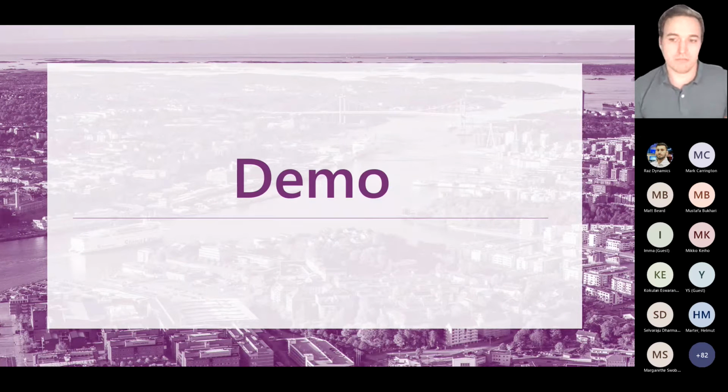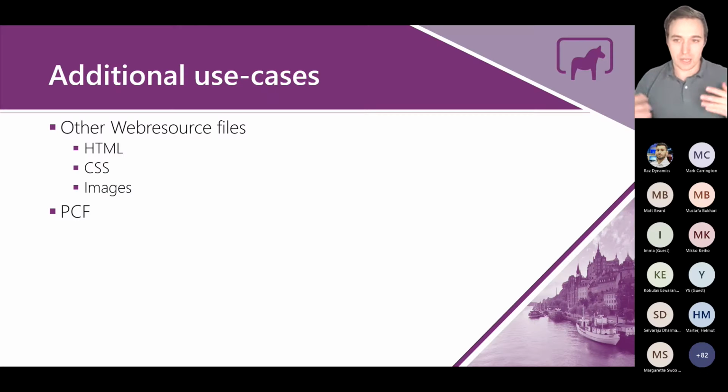So the demo is ready, and I promised to have some additional use cases. As mentioned, I use it for other web resources as well. If I have HTML, CSS, or images, not so often or never basically, but you could use it there as well. And then I often use it for PCF development. So I inject the bundle. Then I just have to build my PCF locally and can test it against our environment until it's working and the bug is fixed or whatever I'm doing.